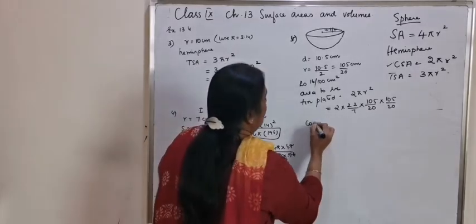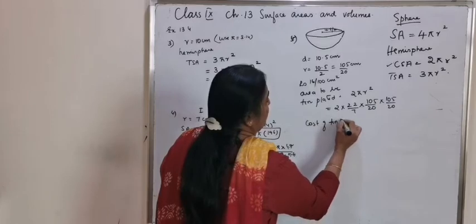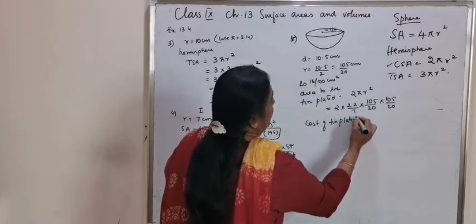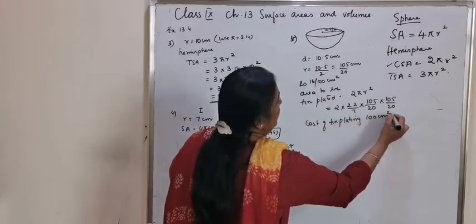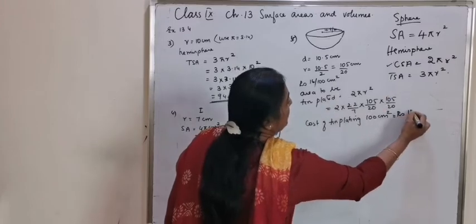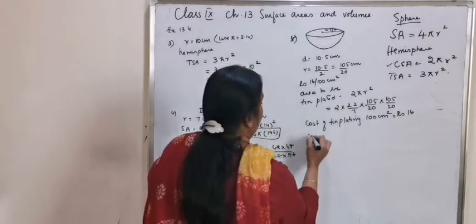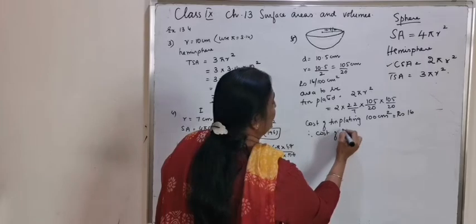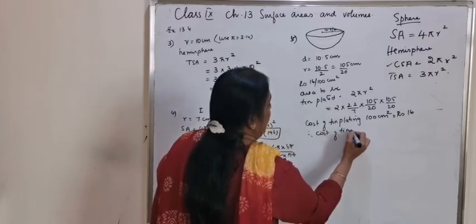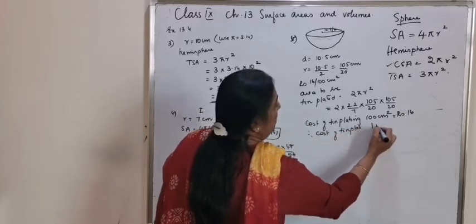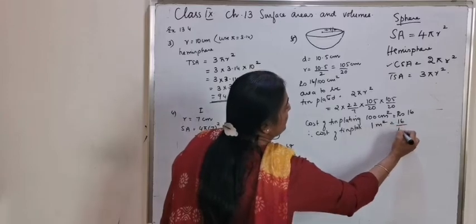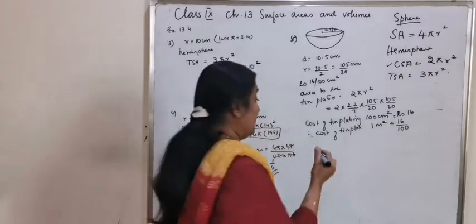Now, cost of tin plating 100 centimeter square is equal to rupees 16. Therefore, cost of tin plating 1 centimeter square is equal to 16 by 100.